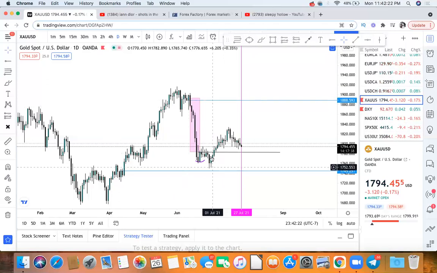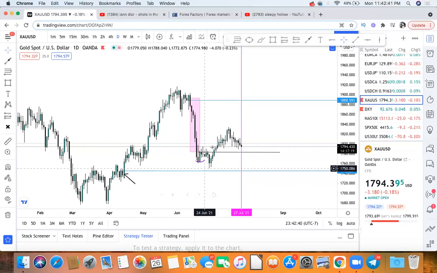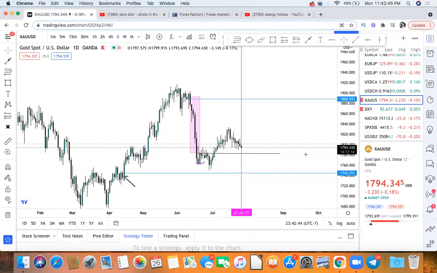Now let's say we don't respect that area, we should come down and fill in this. Well, it already filled it in too, but we have not come and tested right onto that commission price candle. So those are the two options that you would want to be looking at based on the daily time frame. Got it.